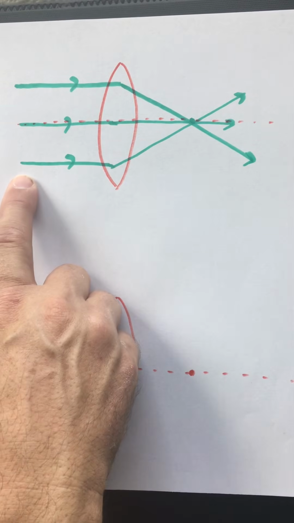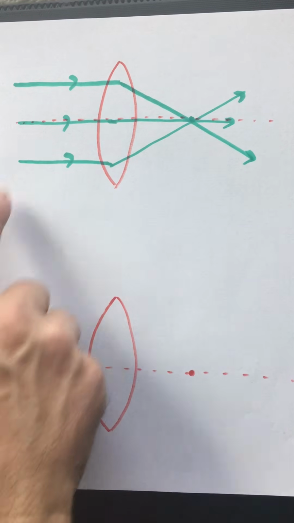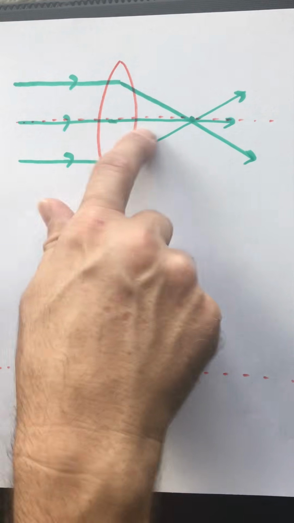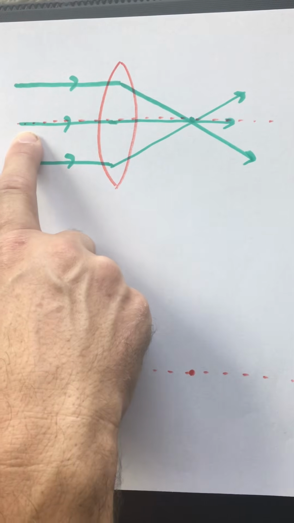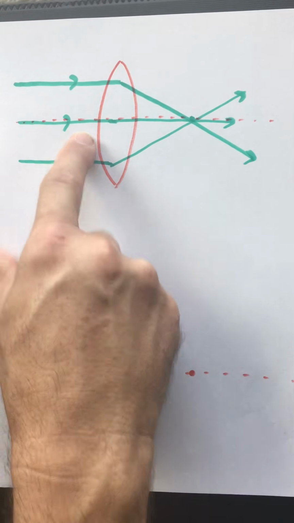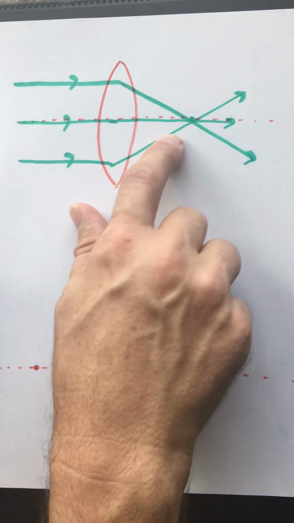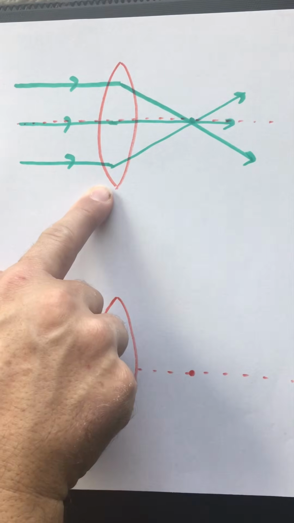I've drawn some light rays incident upon this lens parallel to each other. They are in line with this orange dotted line, which represents the horizontal axis of this lens. And what you'll notice is as these rays come in, they are bent in such a way that they all converge to a point. Now, of course, I'm assuming my lens is ground really nicely.